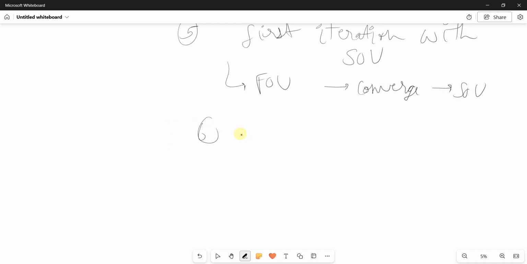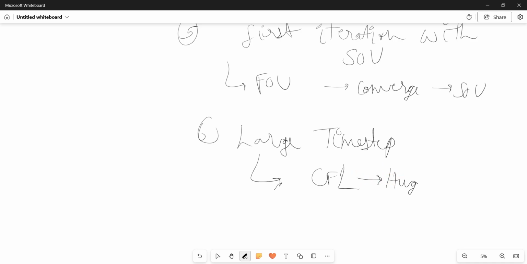Then the sixth one, a large time step. In a large time step, your CFL becomes huge, and that is something you shouldn't have, because if CFL increases, your simulation is mostly going to diverge.